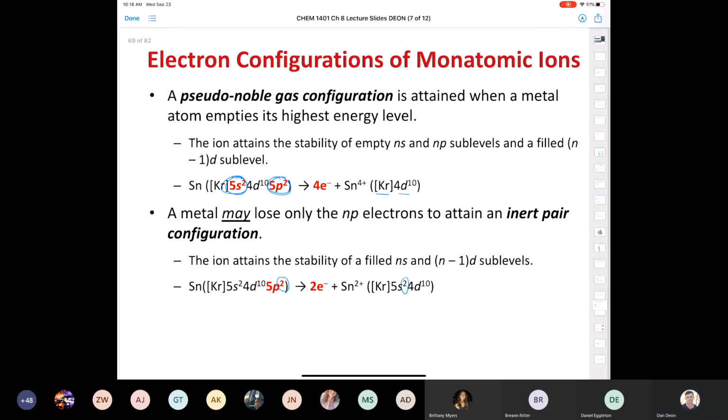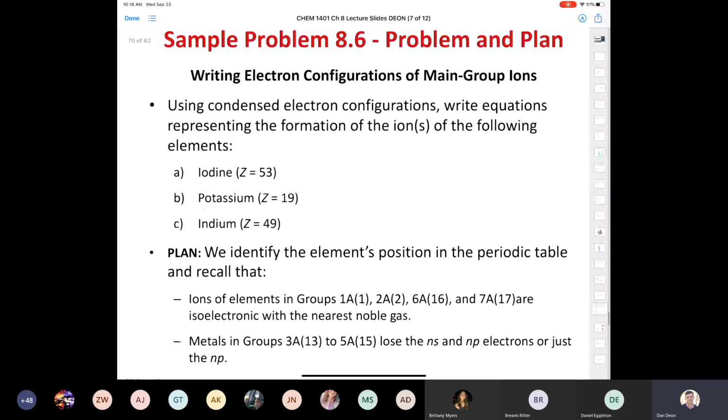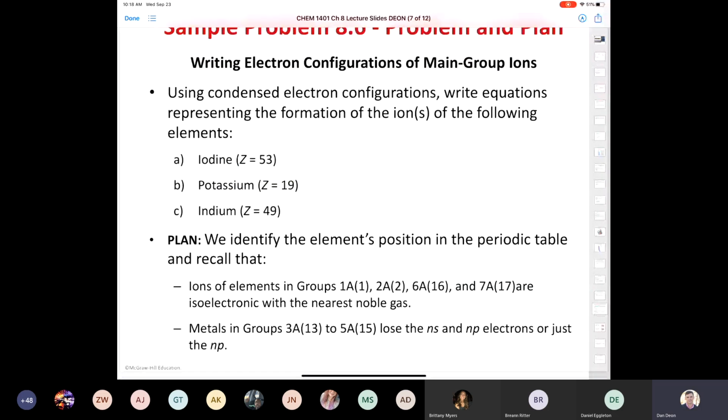All right. With that in mind, let's try a problem. It says here, using condensed electron configurations, write equations representing the formation of the ions of the following elements. Look, I'm not big on this whole writing equations of forming ions. I'll go over it with you.